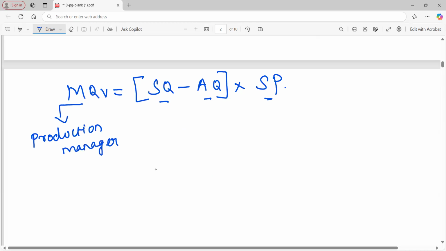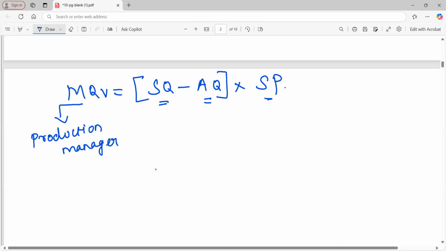The production manager has got nothing to do with the actual price of the raw material that the company purchased. The production manager cannot control the purchase of the raw material. The production manager cannot control the purchase price of the raw material. The production manager can have an influence on the quantity of material used, but he cannot control the price of the raw material.